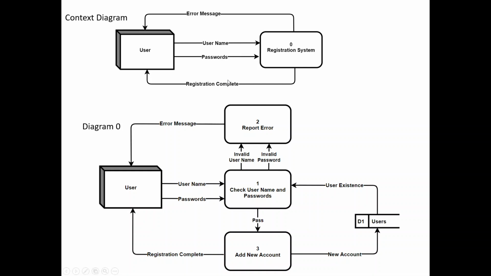For example, in the context diagram, there are 4 data flows between user and the system. Then in the level 0 diagram, or diagram 0, though the system is decomposed into 4 internal components, that is, 3 processes and 1 data store, the system as a whole still has exactly the same 4 data flows with user.